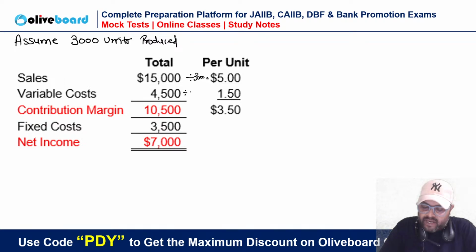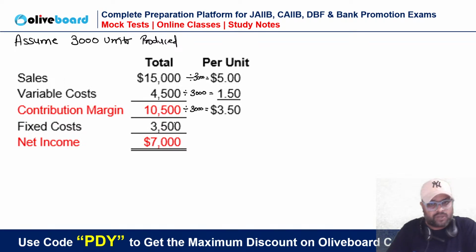If I divide 4,500 by the same 3,000, and if I divide the contribution margin by the same 3,000, we have the contribution margin per unit of 3.5. It is useful for us in a particular calculation that I will tell you shortly, just wait.